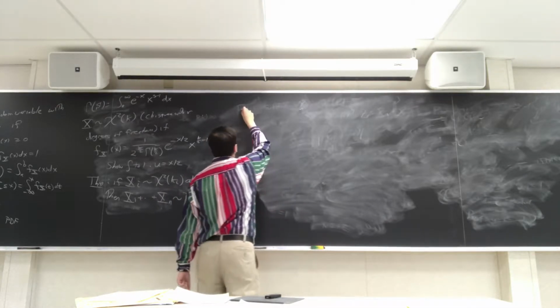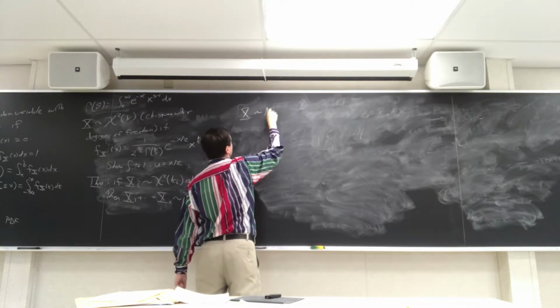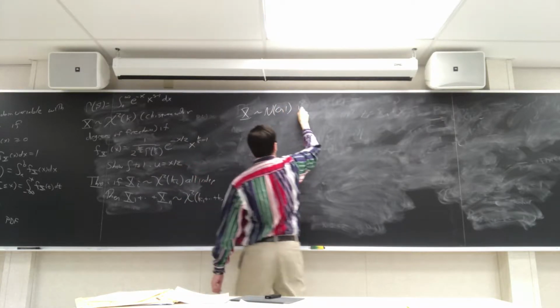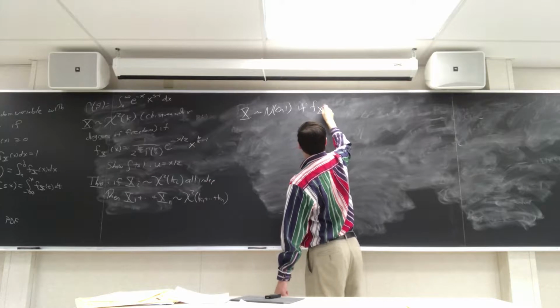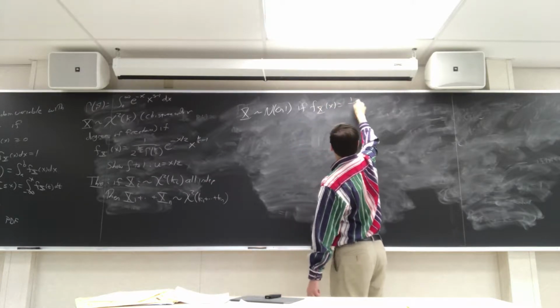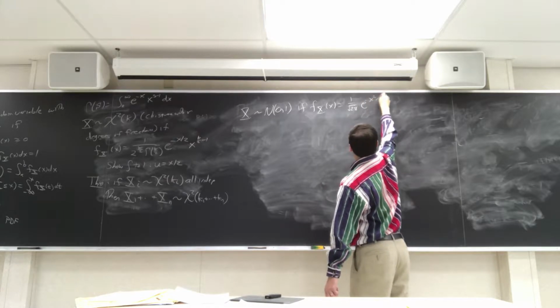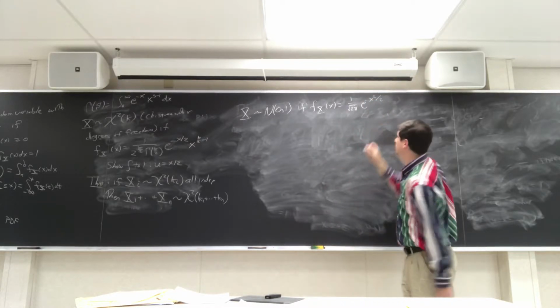So we say x is a normal random variable with mean 0 and variance 1 if the density of x is 1 over square root of 2 pi e to the negative x squared over 2. So this is the standard normal.